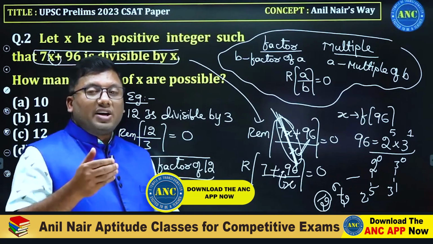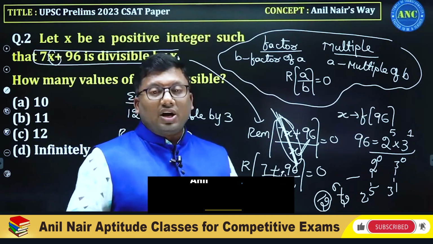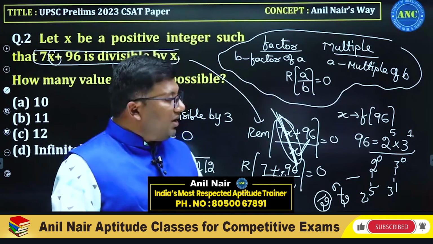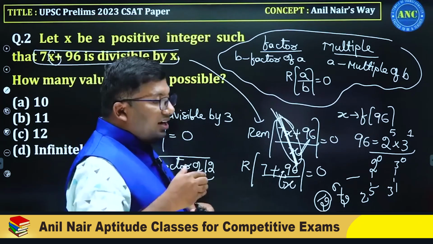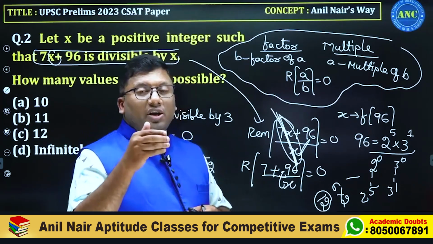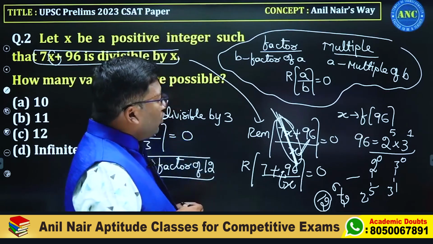What are all the factors of 96? How will you find the factors of a natural number? Take the natural number and write it as a power of prime bases. 96 is 32 into 3, and 32 can be written as 2 power 5 into 3 power 1.